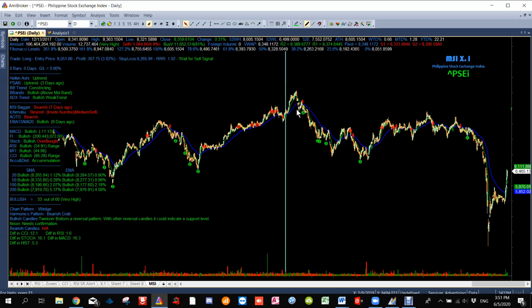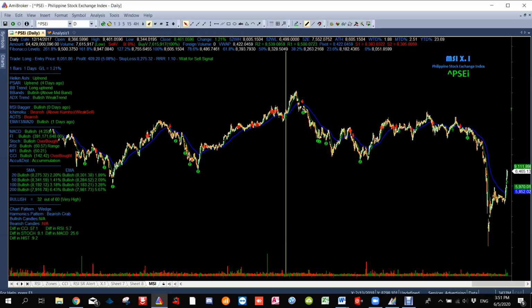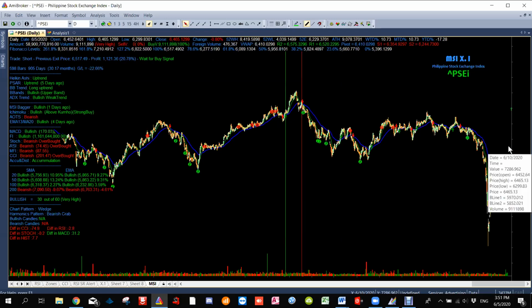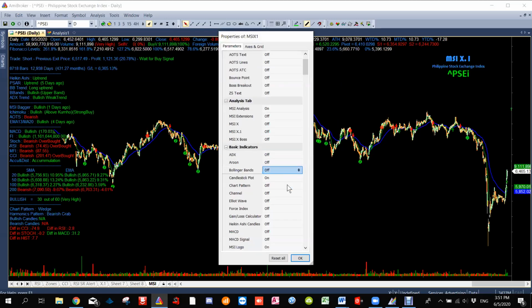Okay, so that move gave us 4%. Okay, so we're looking at PSE. So the percentage of profit and loss is rather low. Okay, so that's something you can use, the MSI Bagger.